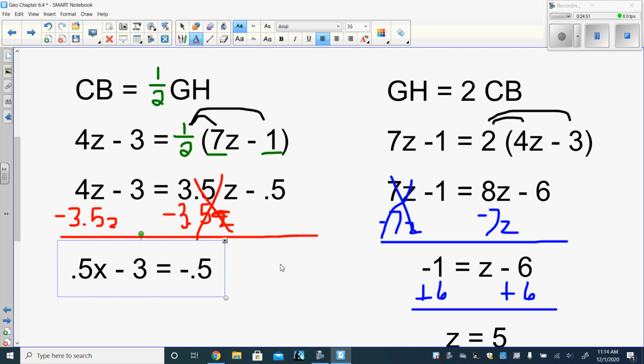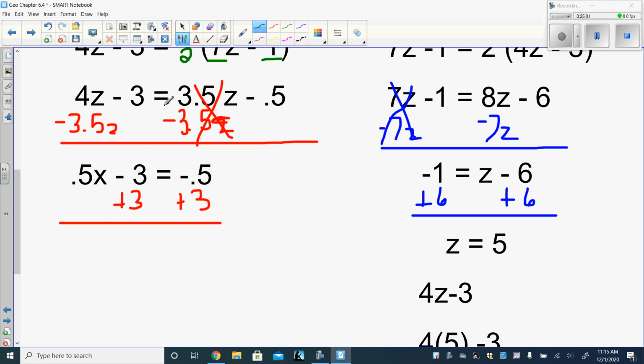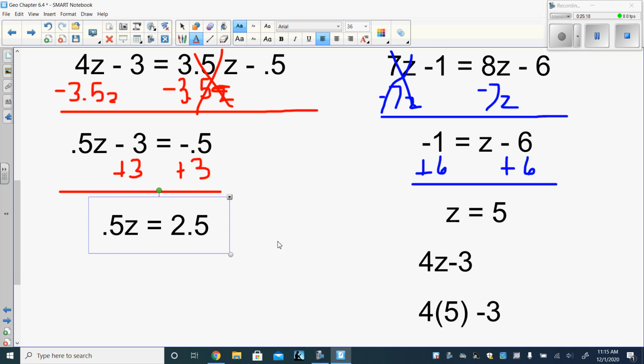Now again, we're still trying to get z by itself, so this time I'm going to add 3 to both sides. And if we add 3 to both sides, what I'm left with is 0.5z is equal to 2.5.